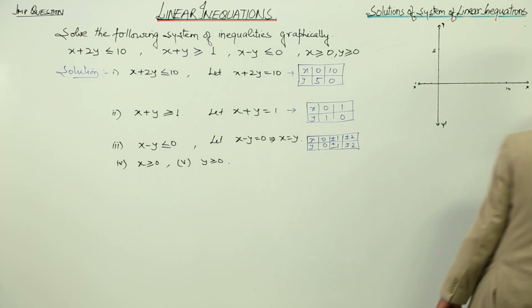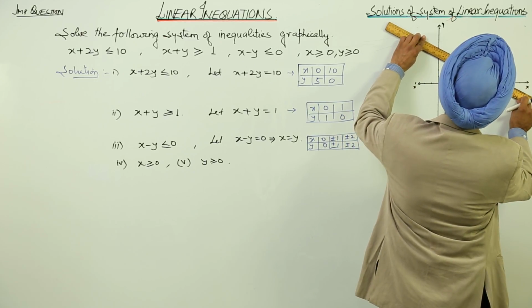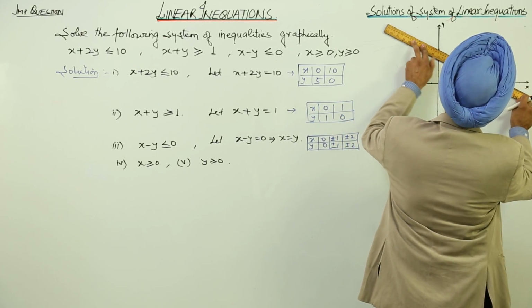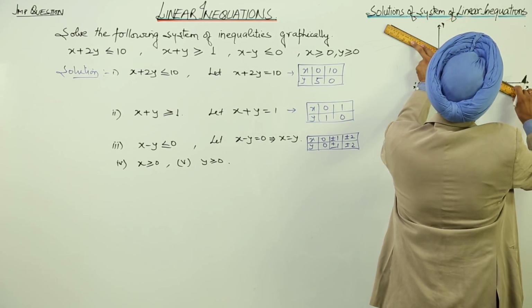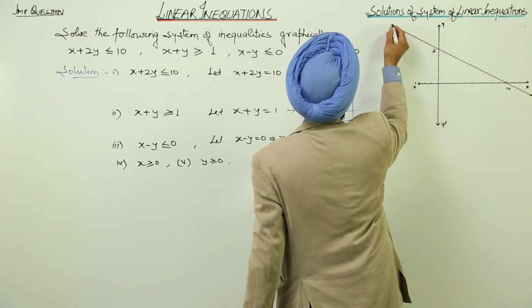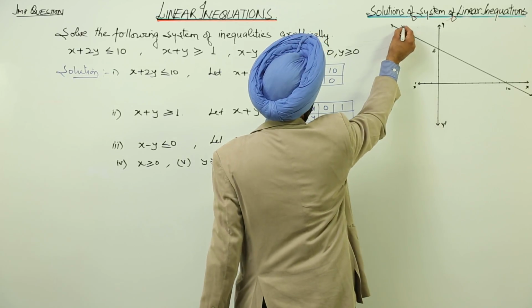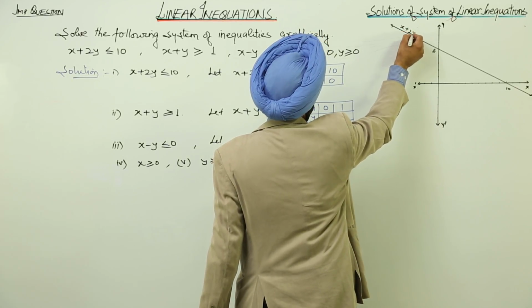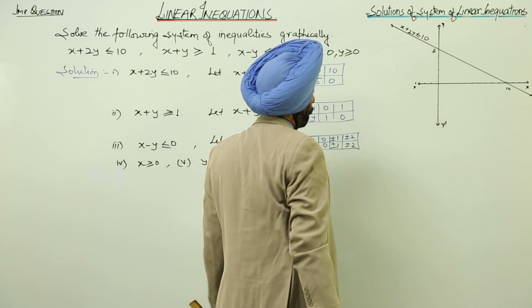So first equation is again a bold line. Let's write equation 1, x plus 2y is less than or equal to 10.